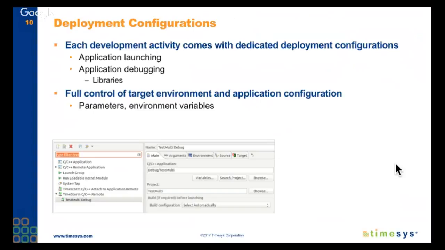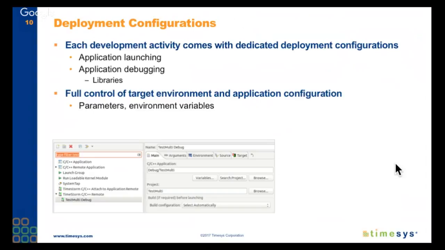A very common environment variable that graphical applications rely on is a variable called display. And the deployment configuration allows you to configure those environment variables and export them before you launch your application. You can also specify different parameters to your application, not one, but multiple.